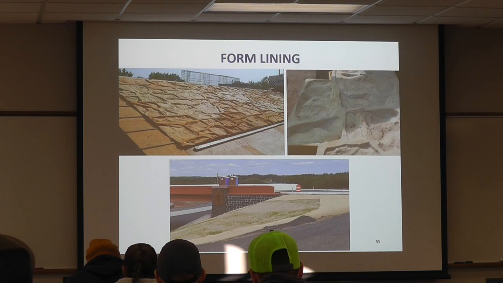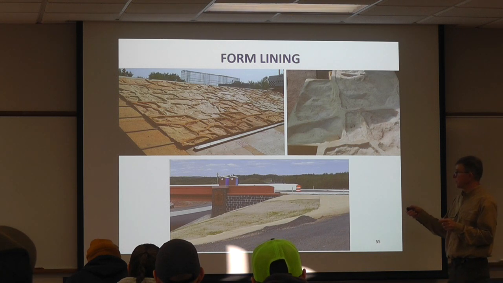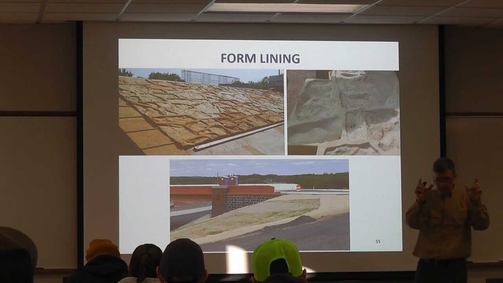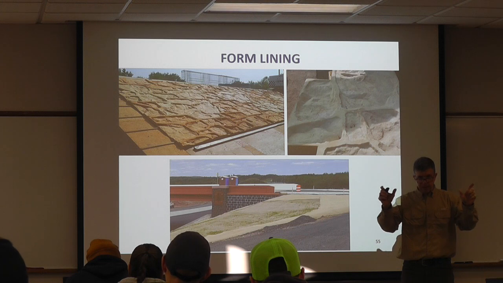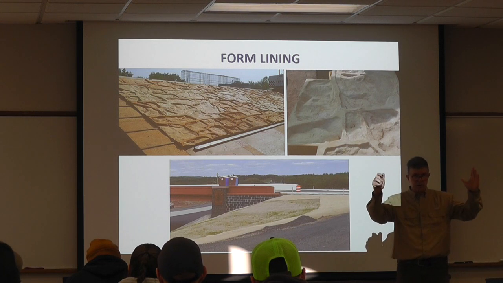Form lining, I'm not going to do much here because Melissa's going to come in on Friday and talk more about form lining, but when we are considering forms and falsework, we have to consider the thickness of the form lining. So form lining material looks something on this order, and it's 3 or 4 inches thick, and so they have to be able to accommodate that in the width of their forms.